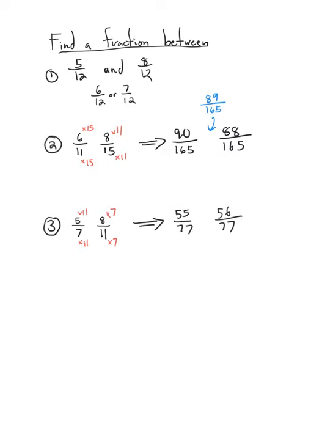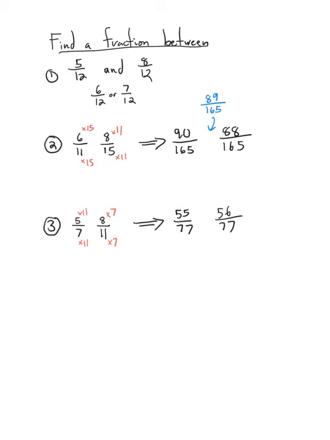Now it's a little harder. So we have 55/77 and 56/77. So we can't do the exact same thing. We can't just pick one between them like we did in questions 1 and 2. But we might be able to be a little bit clever and have this idea still work.